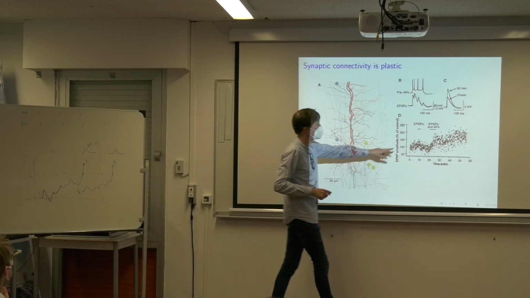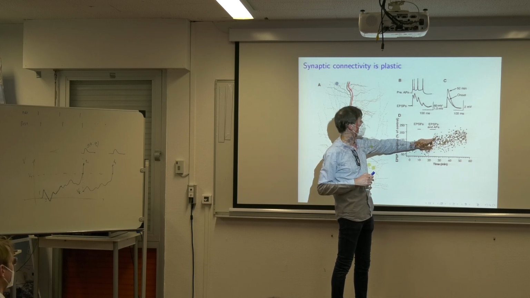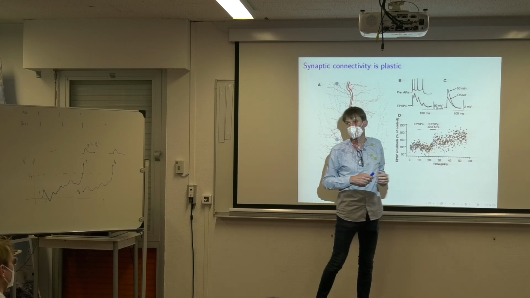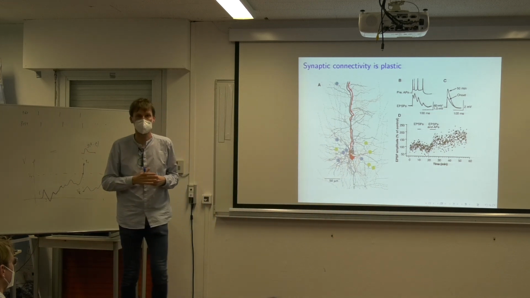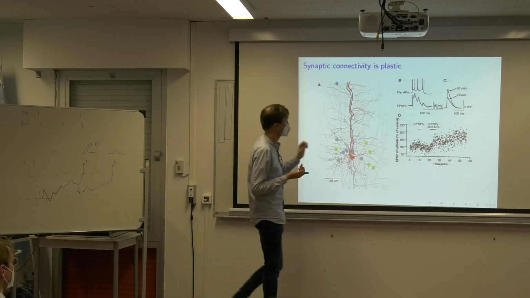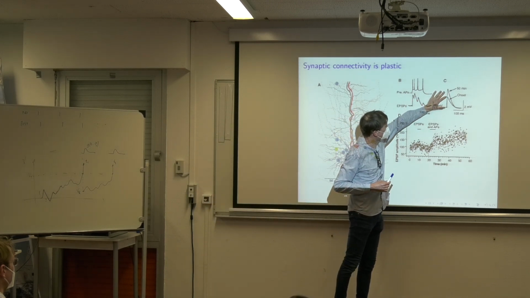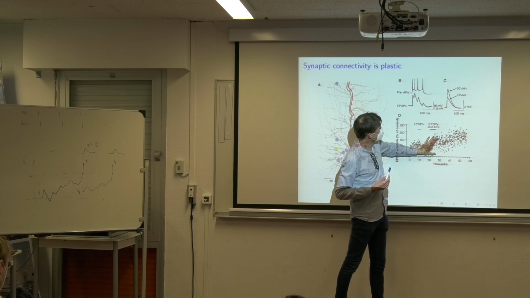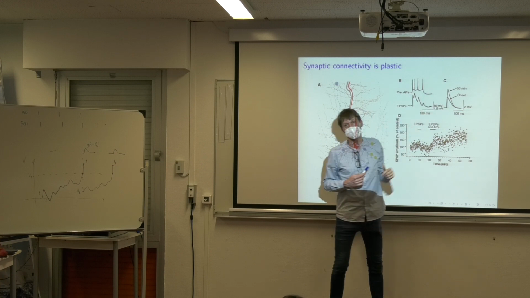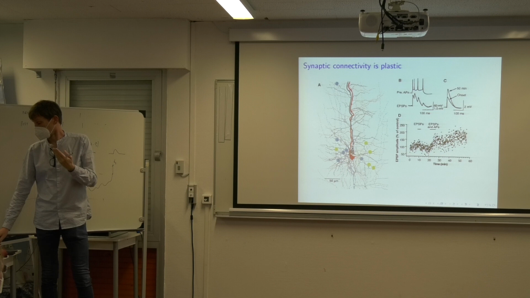After you do this 60 times, you see that the synapse is now stronger. This is the basic phenomenon of synaptic plasticity: you've changed the weight of the connection between these two neurons. This shows the comparison between the average postsynaptic potential before and after. You've almost doubled the weight of the synapse.